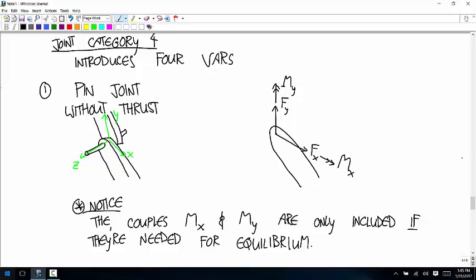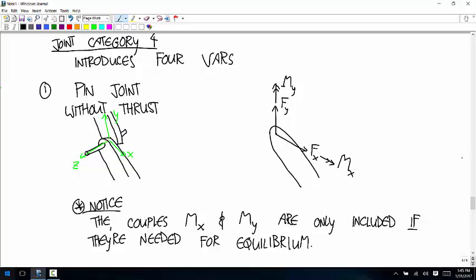And the reason that we do it like that is because a pin joint can resist rotations about those two axes, but it doesn't do it very well. And usually you don't want to rely on a pin joint to resist rotations. If you wanted to wreck this thing, what would you try to do?